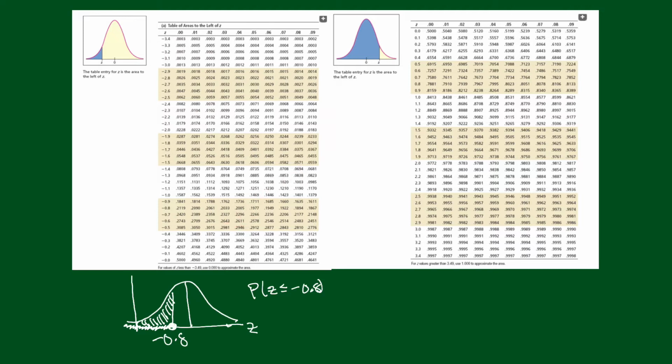If it was positive, I would use this table. It's really given to 2 decimal places, so what I've really got is negative 0.80. So I'm going to look at my table for negative 0.8.